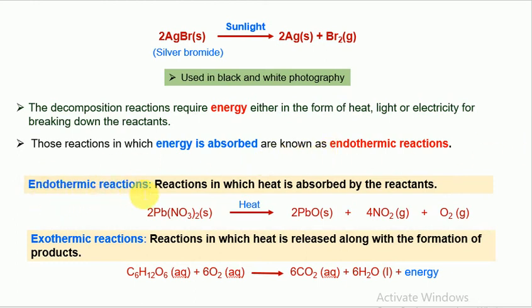The definition of an endothermic reaction you can write as reactions in which heat is absorbed by the reactants. An example is Pb(NO3)2, lead nitrate, which forms lead oxide, nitrogen dioxide, and oxygen. And an exothermic reaction is a reaction in which heat is released along with the formation of products. The example is respiration.